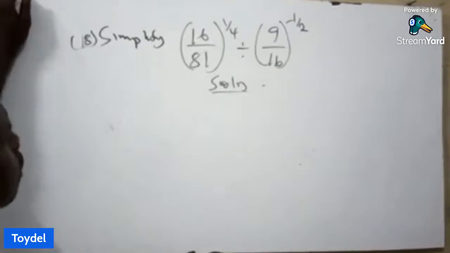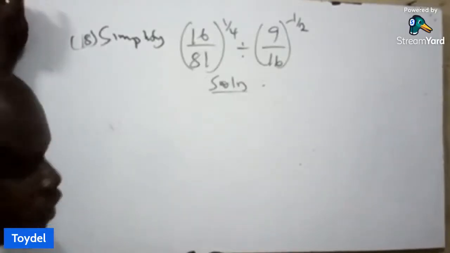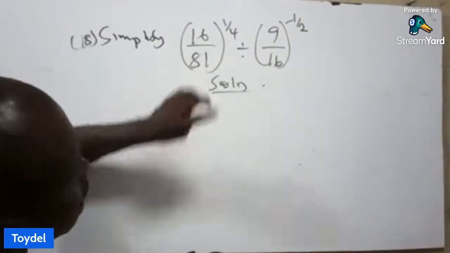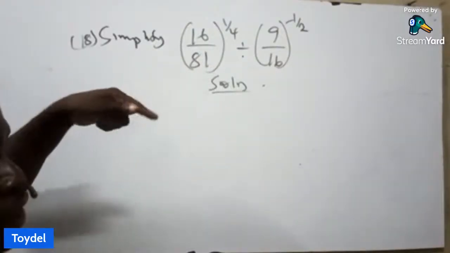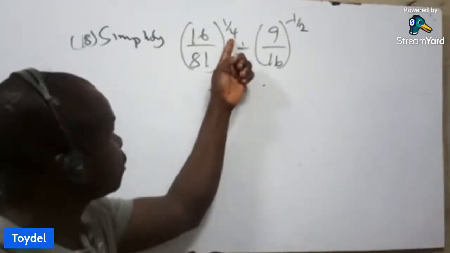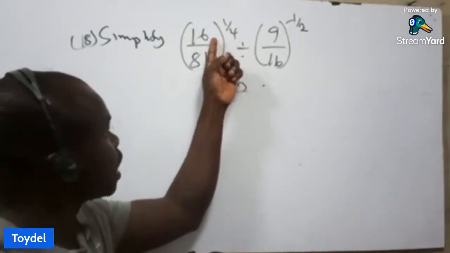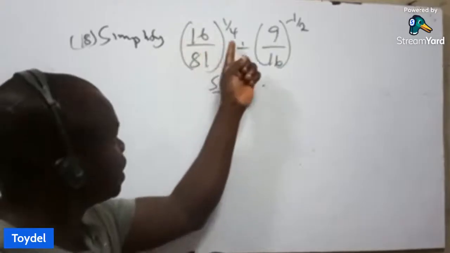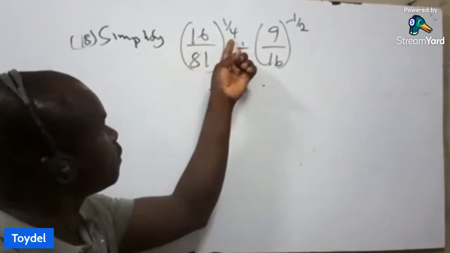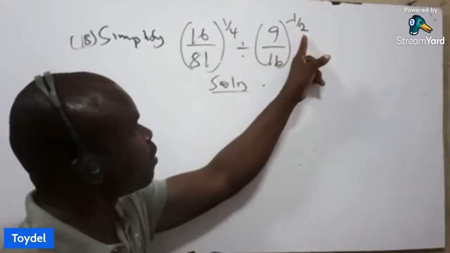So just look at this question. As I've said earlier, when you have a question under indices, and the power is fractional, just look at the denominator. It is the denominator that will guide us on how to express this. The denominator in the first part is 4. The denominator in the second part is 2.